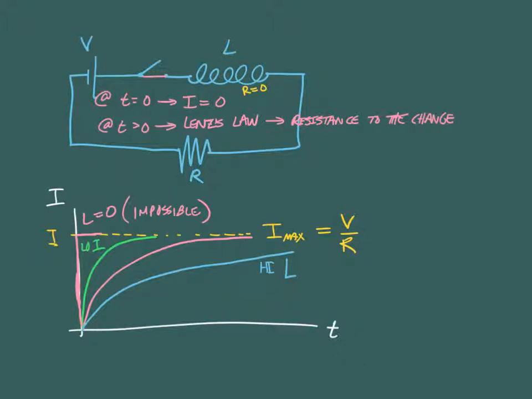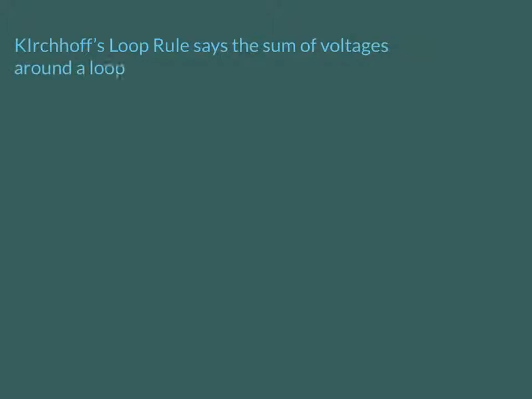So let's, Kirchhoff's loop rule says the sum of voltages around a loop is 0.